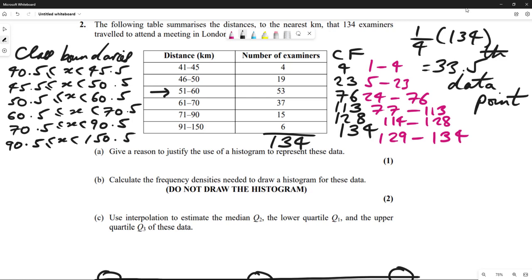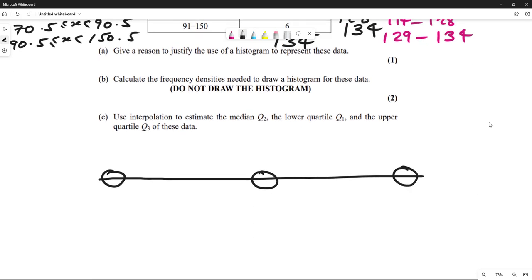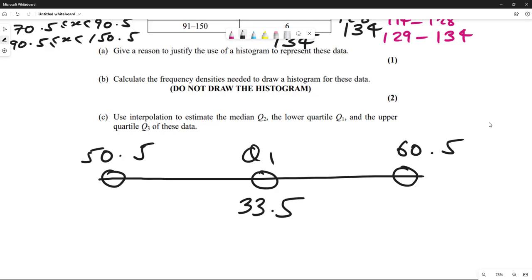Again, it must lie in the same group from 24 to 76. So we're interested in 51 to 60, with the lower bound being 50.5 and the upper bound being 60.5. We can draw that on our diagram here. We're interested in Q1, and we get 33.5 here, with 50.5 as the lower bound and 60.5 as the upper bound for that class.